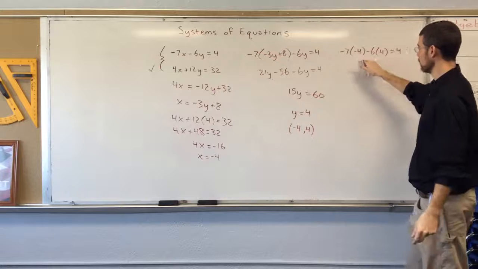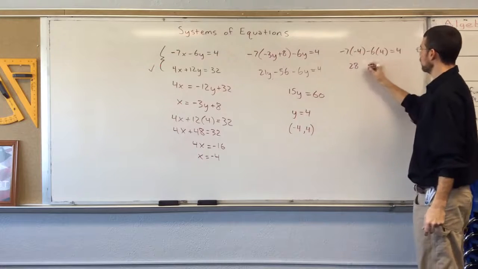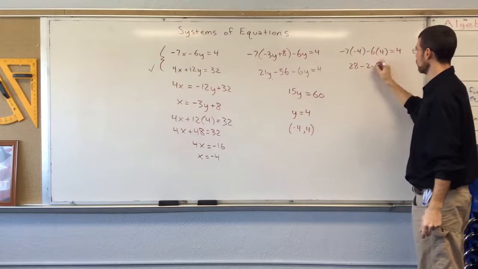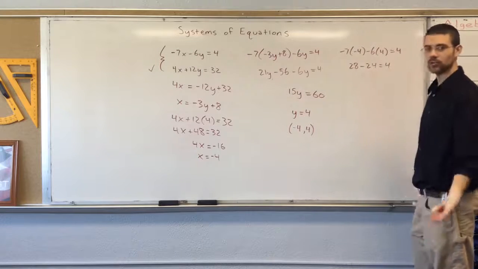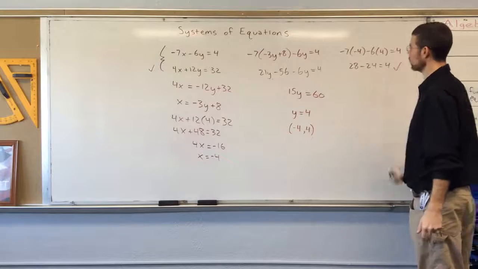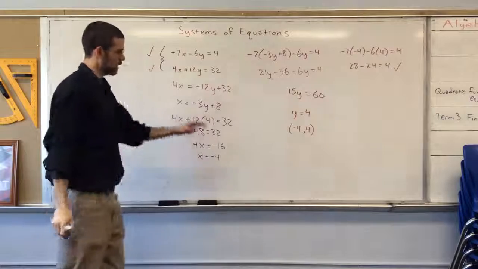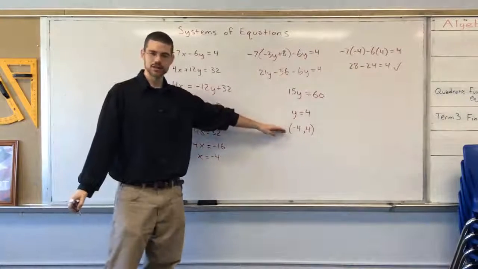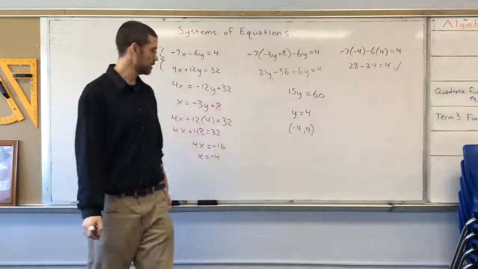Negative 7 times negative 4 is positive 28, minus 6 times 4 is 24, equals 4. 28 minus 24 does equal 4, so we have checked out both of those and confirmed that this is the correct answer, the one solution to this system of equations.